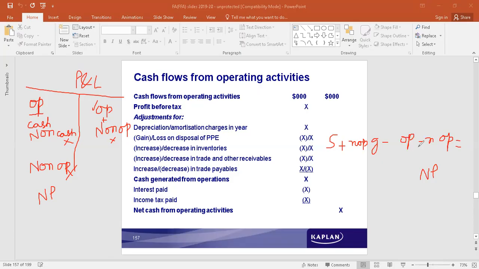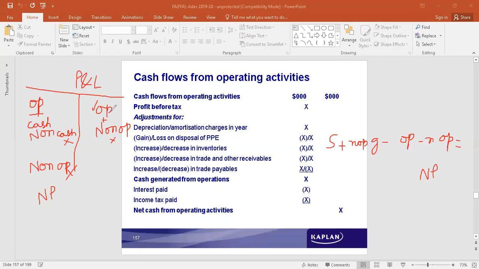So what should be done? This was already deducted, so remove that, it is added back. Bring it to this side. So net profit plus the non-operating expenses. Non-operating gains are not wanted, so that will be taken to the other side. It becomes minus.